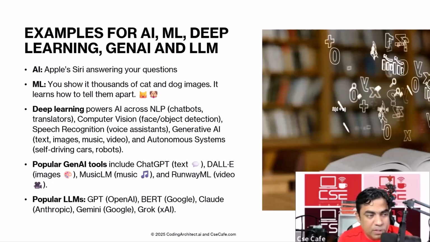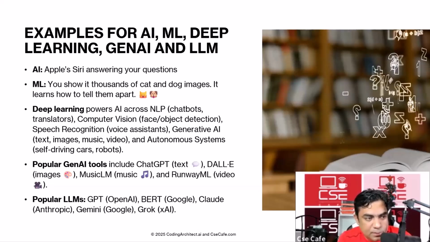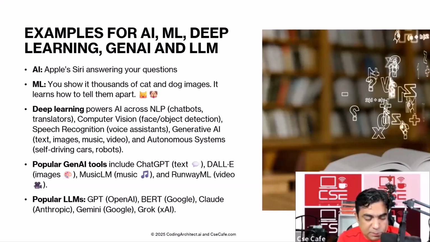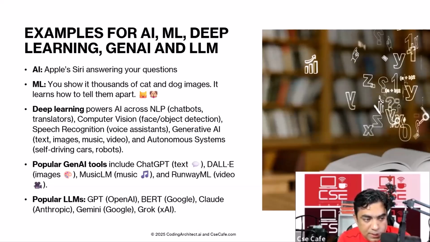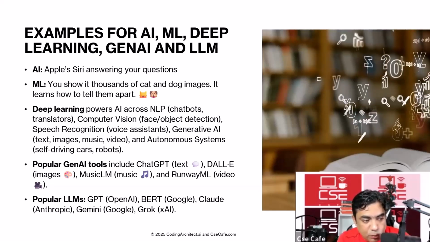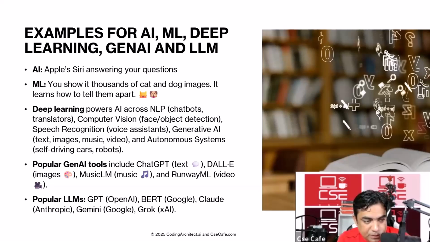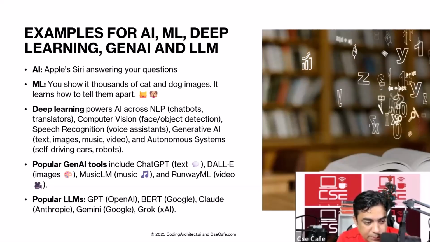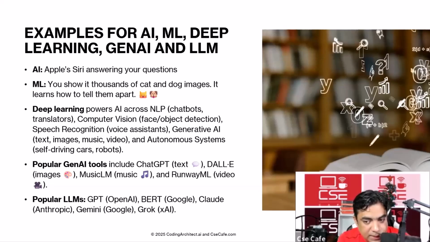All of these things are powered by deep learning. Popular GenAI tools include ChatGPT, DALL-E, MusicLM, Runway ML, and some of the popular LLMs like GPT from OpenAI, Bard from Google, Claude from Anthropic, Gemini from Google, and Grok from xAI.